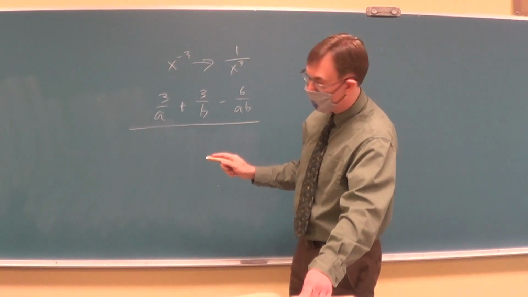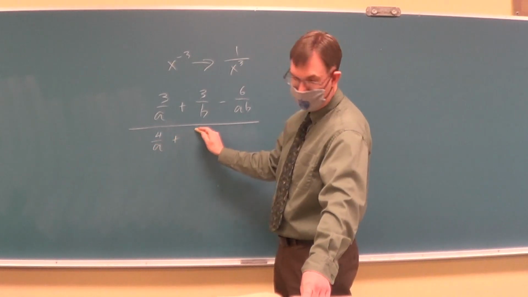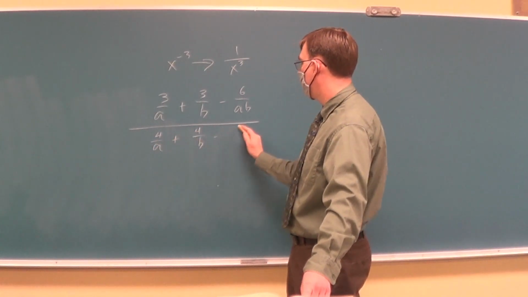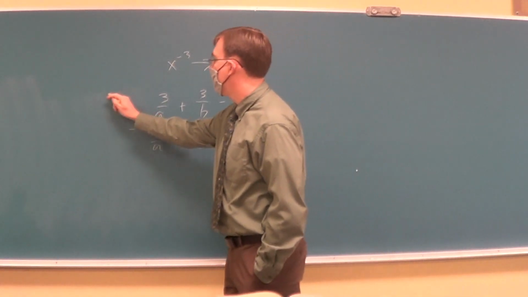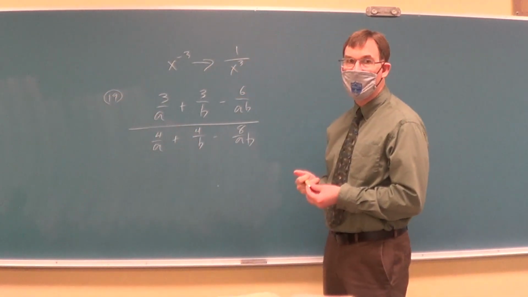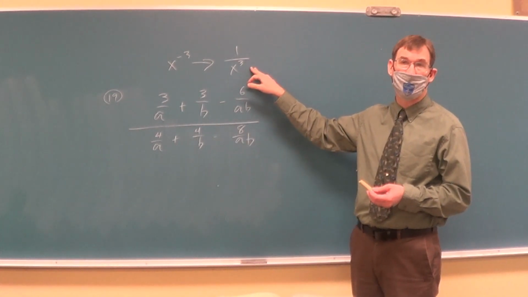For bottom, 4 over a. 4 over b. Anybody on 19 have a question about how I rewrote a couple of those to be fractions based on an idea like that?